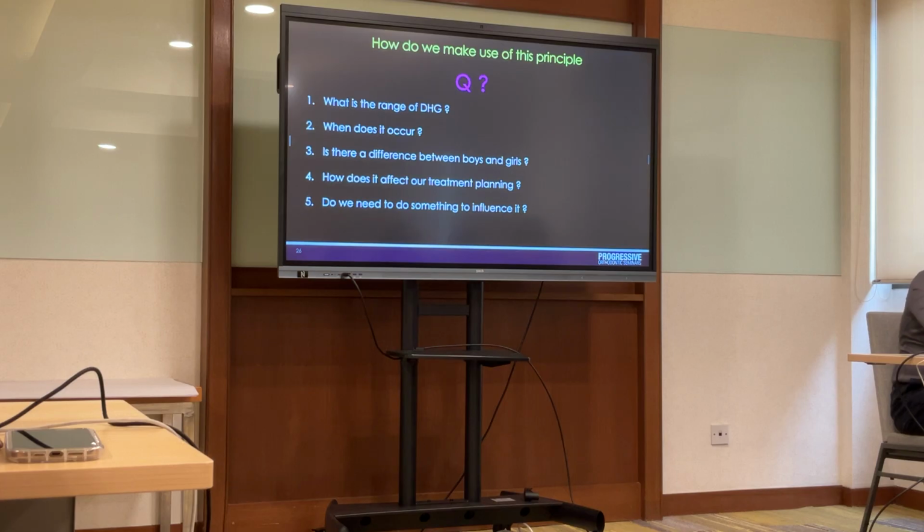How does this affect our treatment planning? It affects our treatment planning because if I'm expecting some amount of class 2 correction from differential horizontal growth, I can change my diagnosis from extraction to non-extraction. Isn't it?